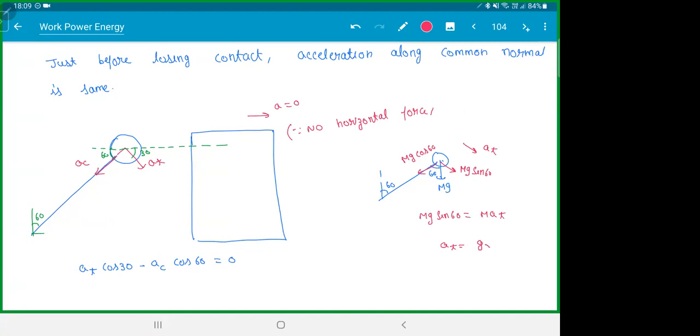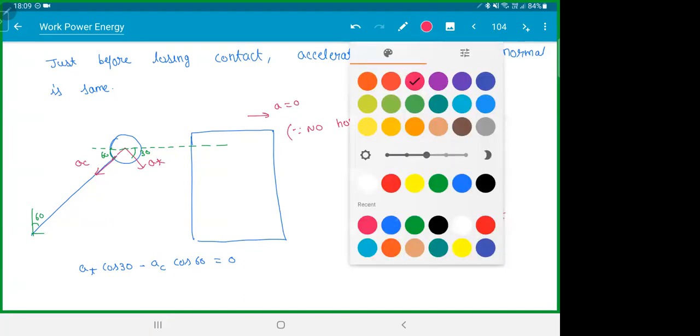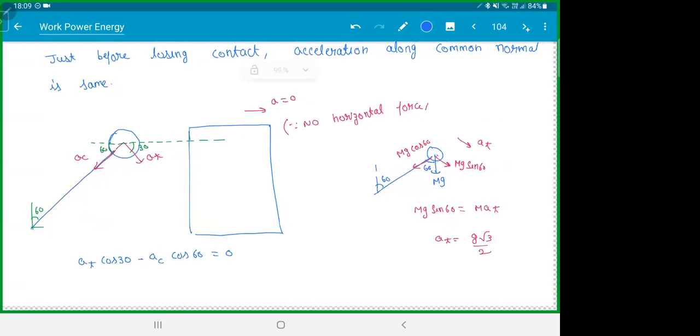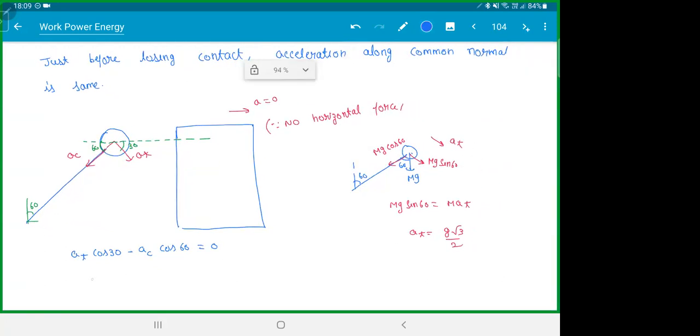So A tangential is g√3/2. So from here we get A tangential cos 30, which is √3/2. Centripetal is v1 square by L. Cos 60 is half. So we end up with v1 square is 3gL/4.